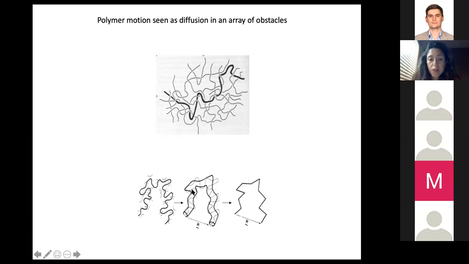And so after some time, once they move around a little bit within the diameter of this tubular neighborhood, after a while they realize that they could actually move along the axis and escape their constraints.